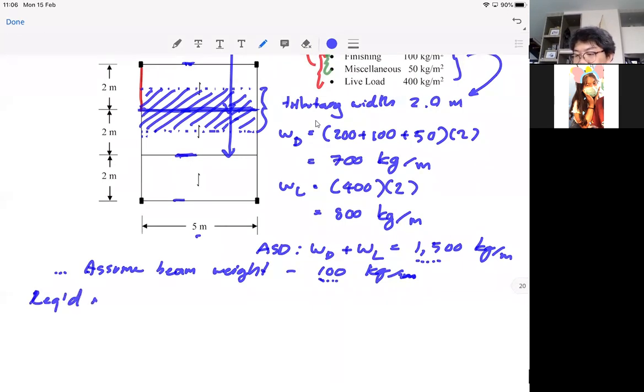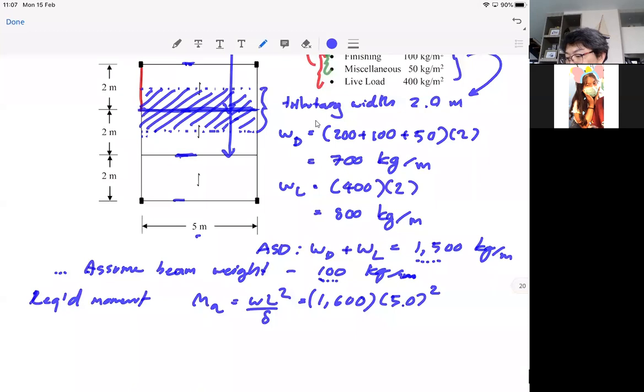It's my required moment. MA would be equal to WL squared over 8, right? This is the analysis part that you may be required to carry out, but it's a piece of cake. So we have 1600 uniform load multiplied by 5 squared over 8.